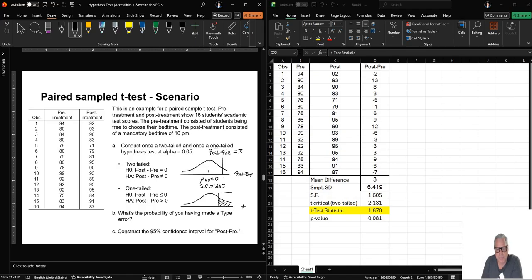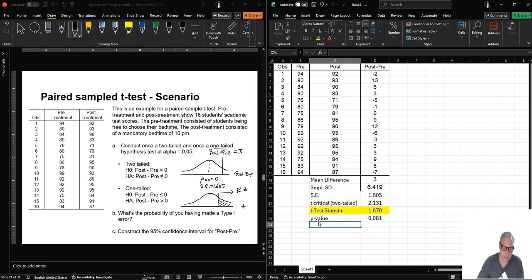So we need to find the t which defines this rejection zone to the right. So what is this t? Let's call that t critical, and then in parentheses, one tail.